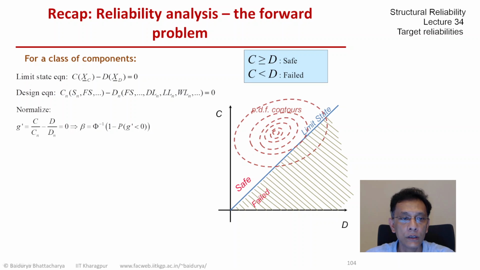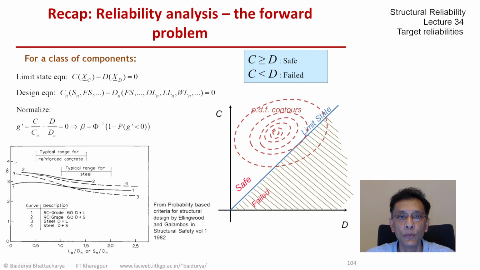But I could find the beta value, and as we see from this example taken from a paper by Ellingwood and Galambos coming out in 1982.